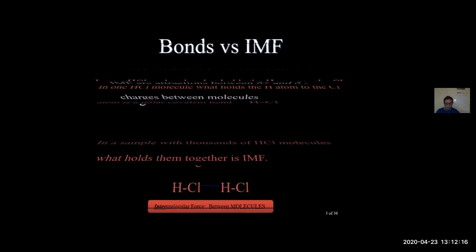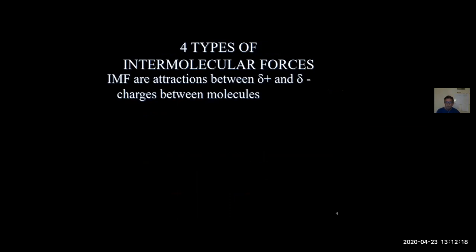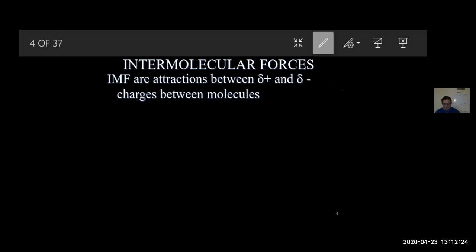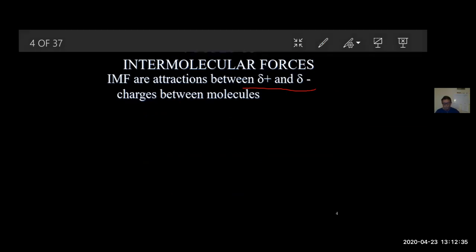Okay. So there's only 4 types of intermolecular forces. And these are the interactions, I repeat, the interactions between the partial positive and the partial negative of the molecule. There's only 4.